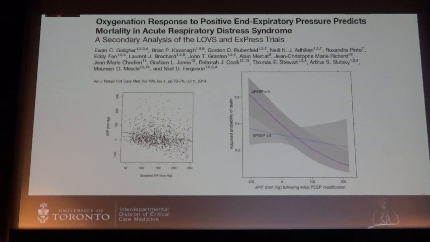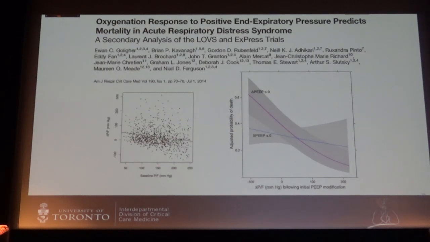One other idea to think about when to use higher PEEP or not is to give a test dose. It's essentially what Ewan Goligher tested here in the LOVS study database. He looked at patients, divided them into those who had their PEEP increased from baseline at randomization.